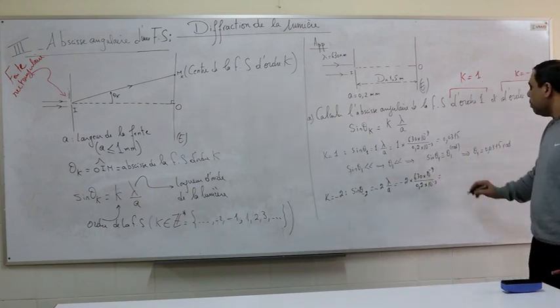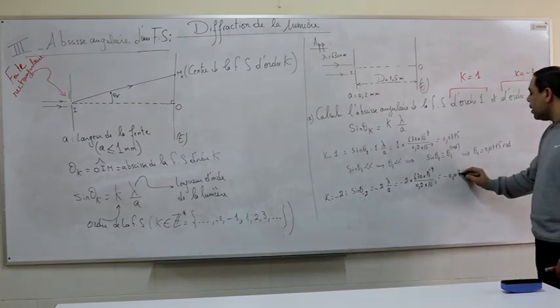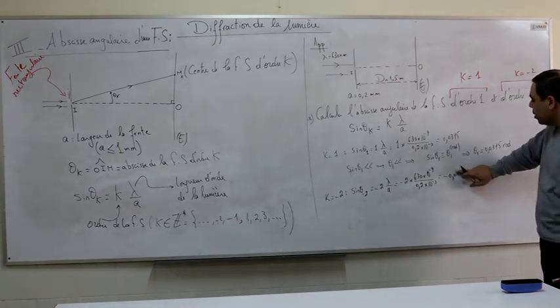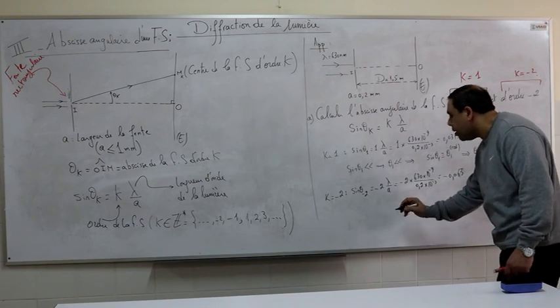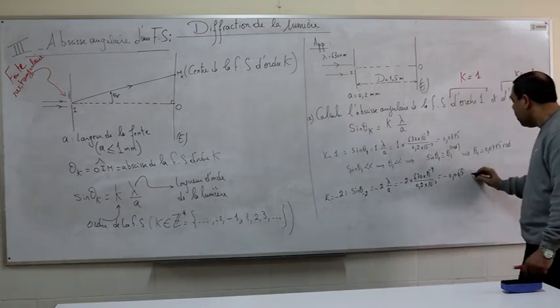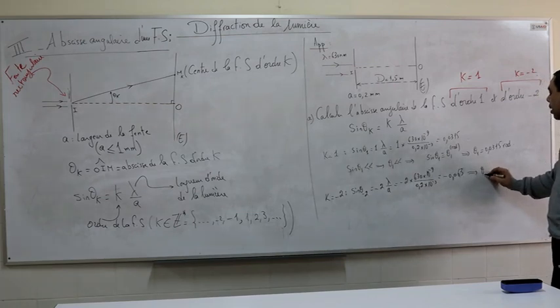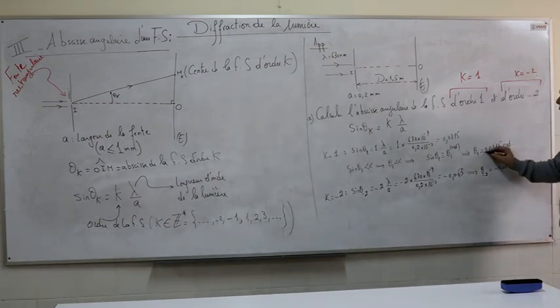The answer is negative 0.063. And for the same reason, theta negative 2 is approximately equal to negative 0.063 radians.